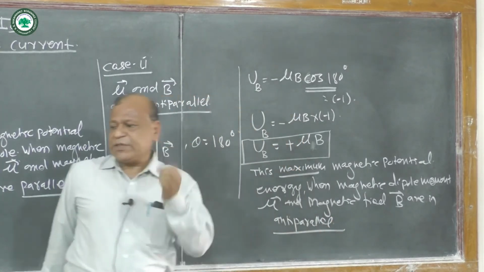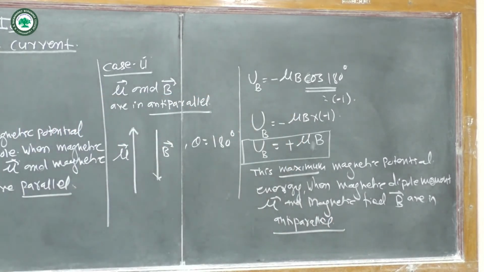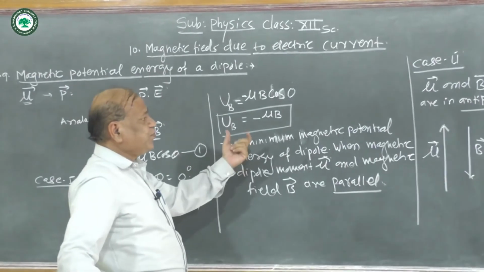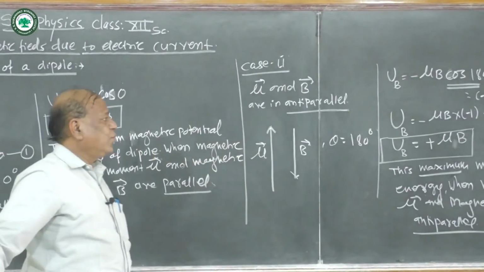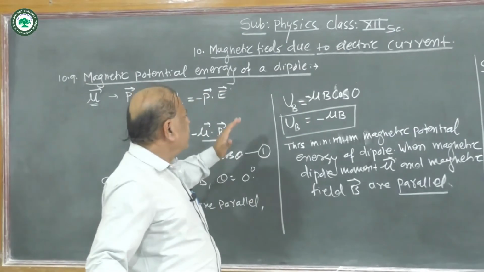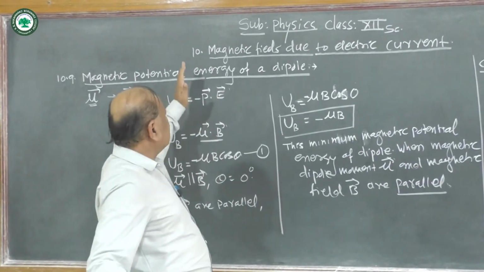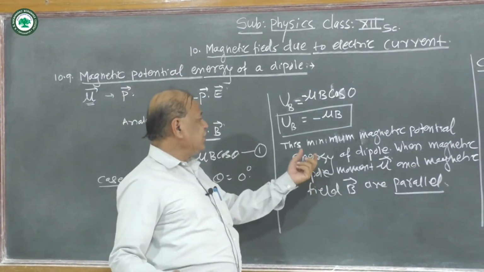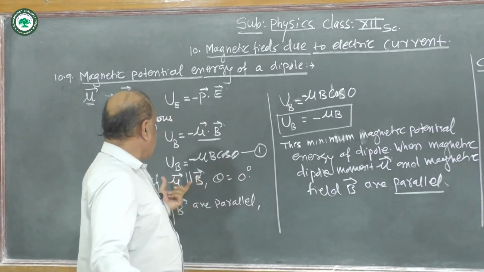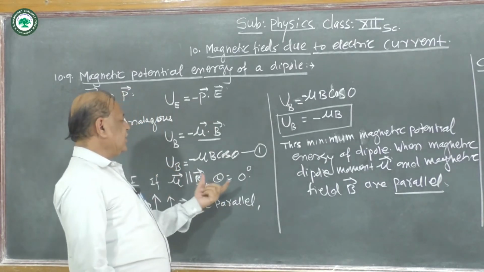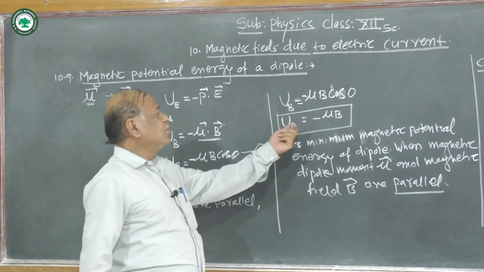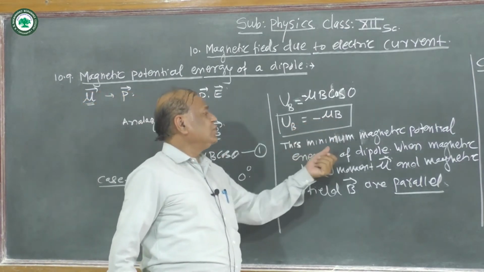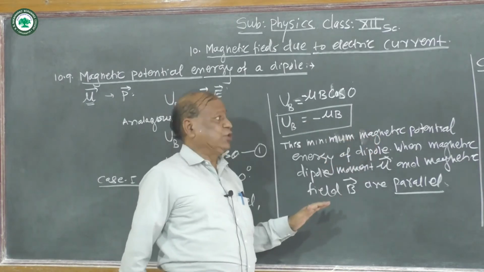Okay, understand this. When the magnetic potential is minimum and when it is maximum: the magnetic dipole moment and magnetic field are parallel, the angle between them is 0, then the value comes to be minus mu B, which is the minimum magnetic potential.